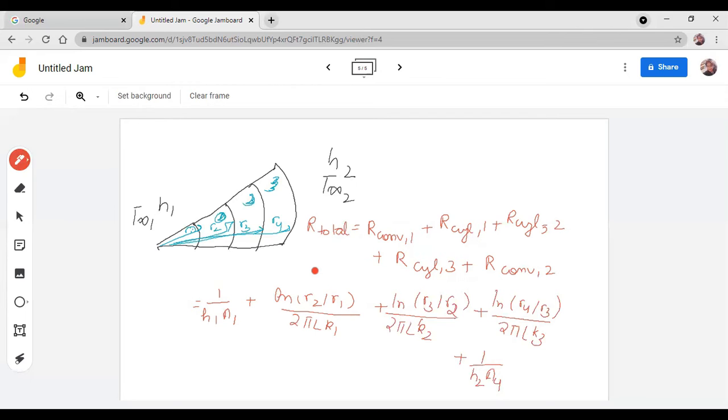So this is the expression for total thermal resistance.